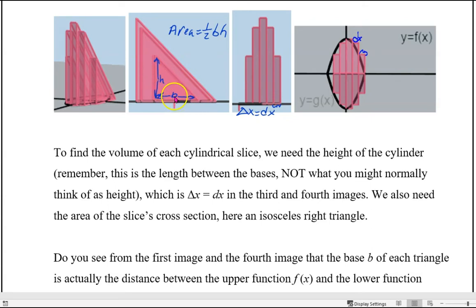But what are they? Remember that the base is also this edge here, and the base is sandwiched between the downward opening parabola and the upward opening parabola. So the length of the base, which is also the length of the height of the right triangle, must be the distance between the downward opening parabola and the upward opening parabola.